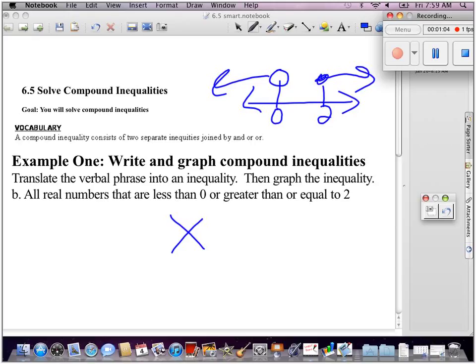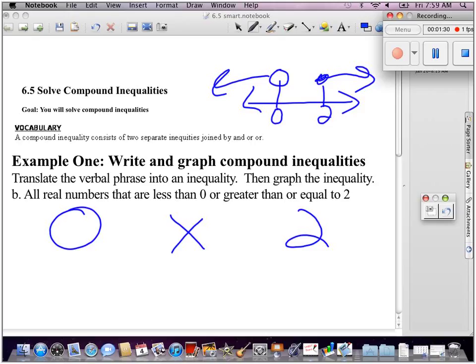Now we've got 0 and we've got 2. So what number am I going to put all the way over here on the left? Why am I going to put 0 all the way on the left? Good. Because it's smaller. And then I'm going to put 2 on the right. All real numbers that are less than 0. So which way should the alligator be eating, the 0 or the X?